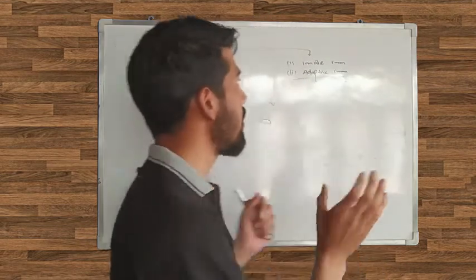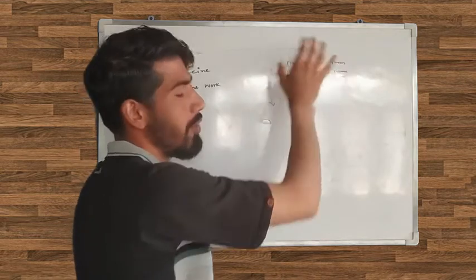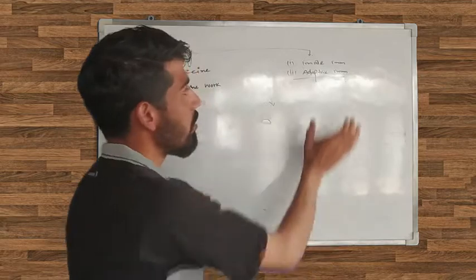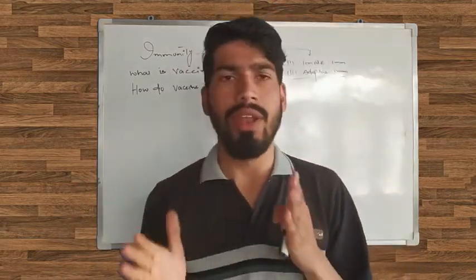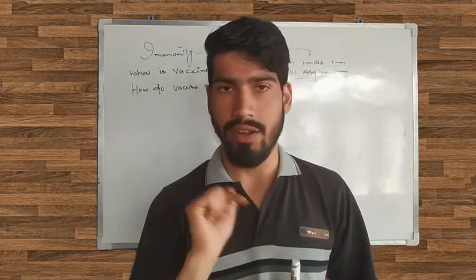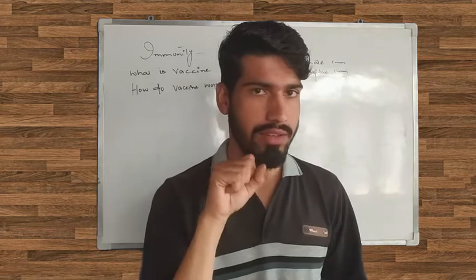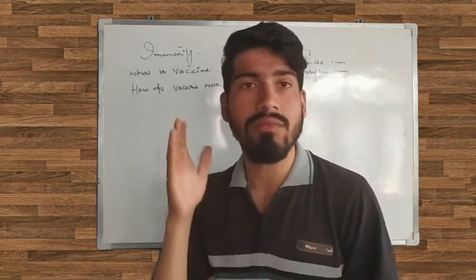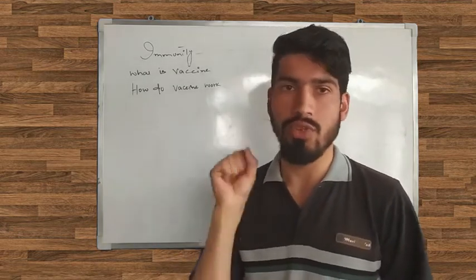So what happens when a pathogen comes inside our body? The innate immunity finds that antigen or foreign particle. When it finds it, it kills or destroys the pathogen or the antigen.